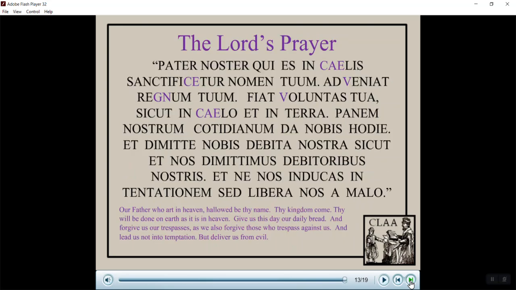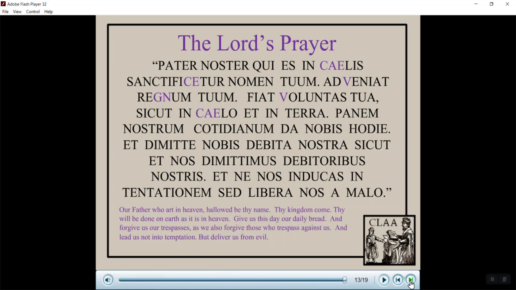Our last reading in this lesson will be the Lord's Prayer, or the Pater Noster. The Lord's Prayer was not written by an old Roman, and therefore we know that it should be read with church Latin.